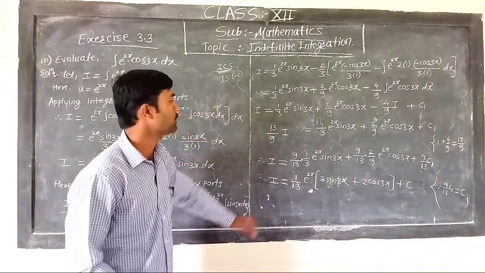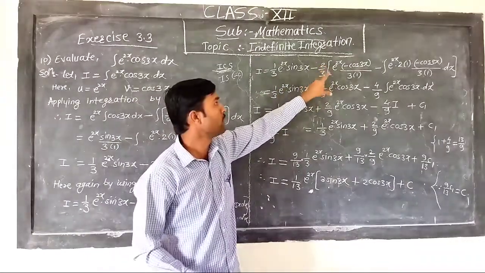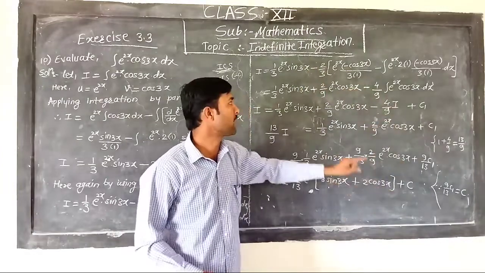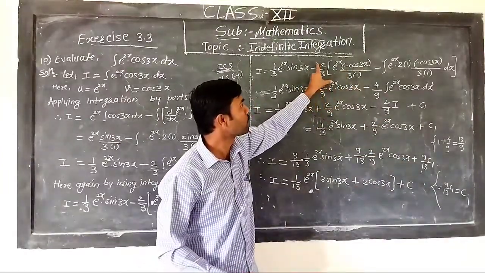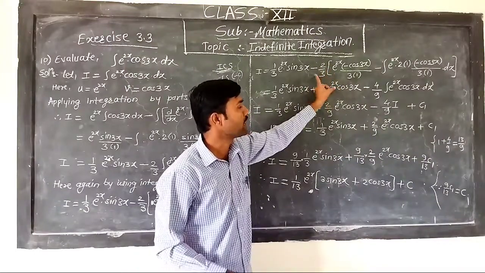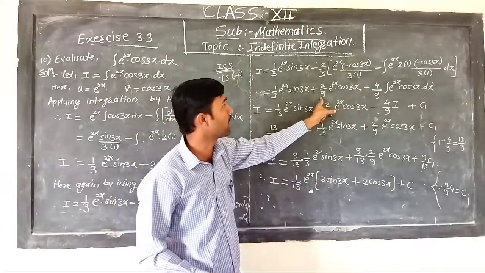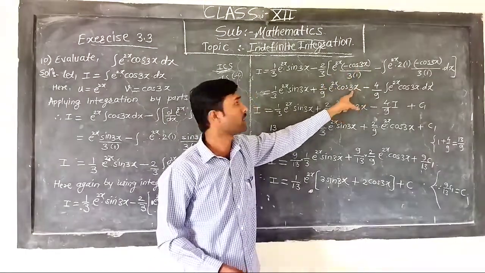Now friends, in the next step, this term remains as it is. Now we will multiply 2 by 3 to this bracket. Then this bracket will be minus, into this minus, it will be plus. 2 remains as it is as a constant, and 3 into this 3, 3 3s are 9, in the denominator it will be 9. And the remaining terms are e raised to 2x into cos 3x.